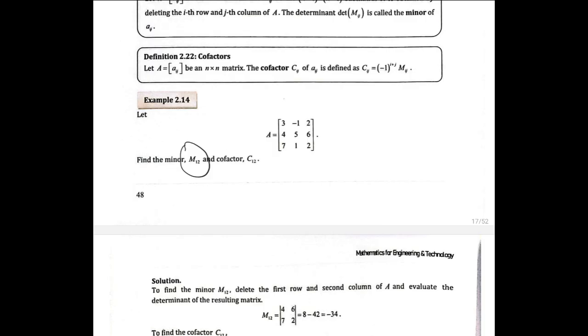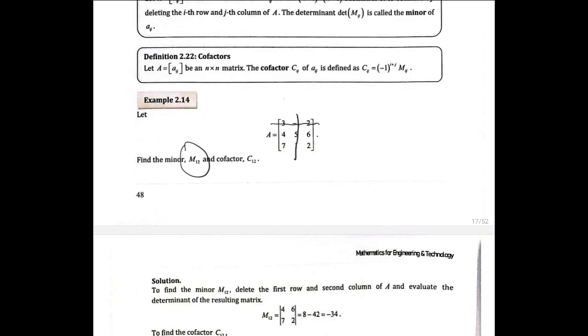So we have row 1. So we just cross it out like this. And we have column 2, which is this one. So what's left is actually the elements that we'll need to calculate to find the determinant for that minor.